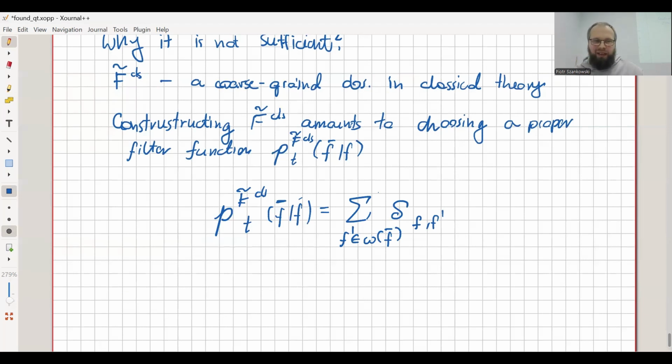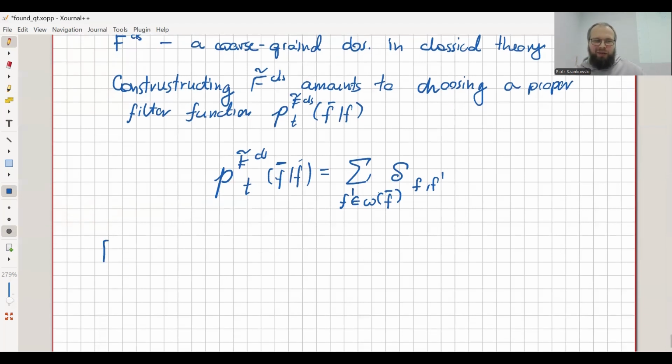Okay. And when you do that, you put those filters in and you write down the joint probability distribution.